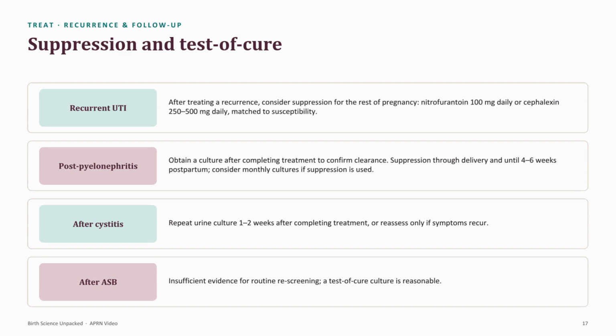After pyelonephritis, obtain a culture after completing treatment to confirm clearance, then suppress through delivery and until 4 to 6 weeks postpartum with monthly cultures if you suppress. After cystitis, a test of cure culture at 1 to 2 weeks or symptom-based follow-up. After asymptomatic bacteriuria, a test of cure culture is reasonable, though the evidence is thin.